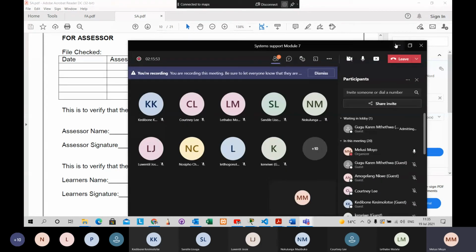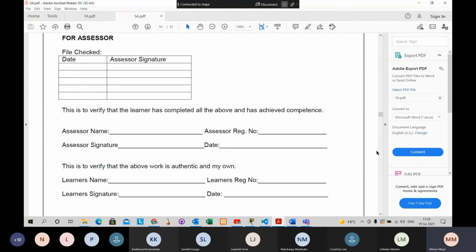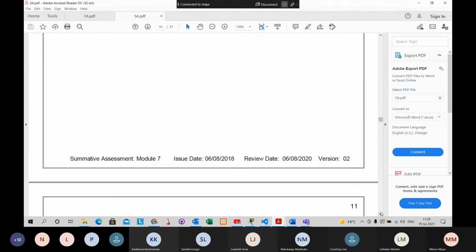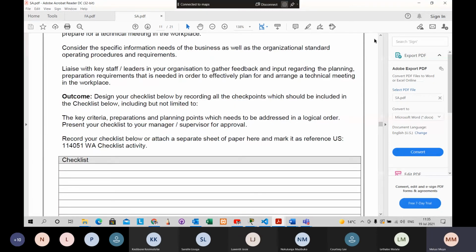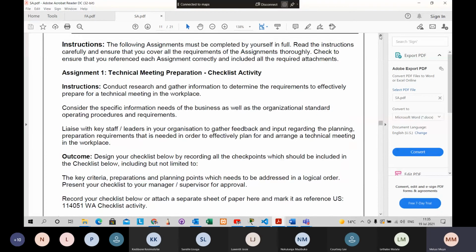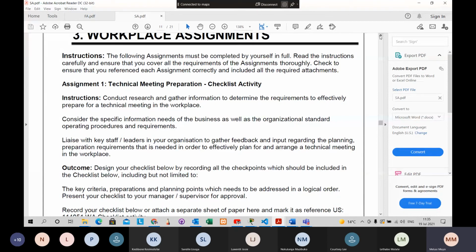All right. One more thing. Let's see what we have here at the bottom. All right. So assignment, technical meeting preparations checklist. What are the things that we need to write down or need to be on the checklist for a technical meeting preparation?